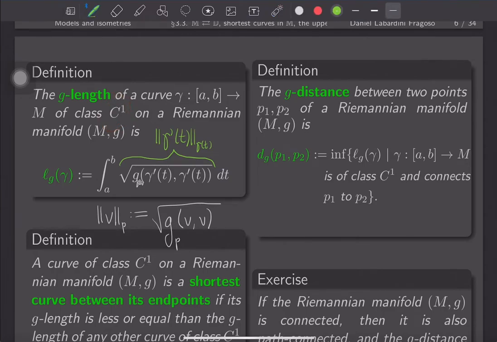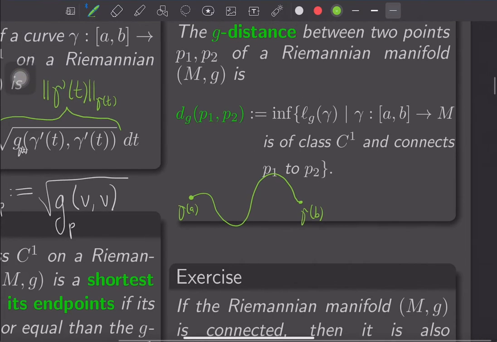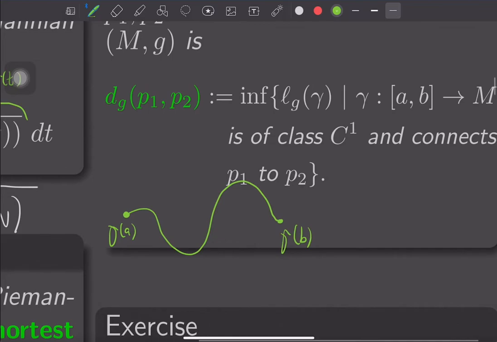The idea is that I have my curve. Let's say this is gamma of A, the point gamma of B, and somehow I have the curve. What can I do?